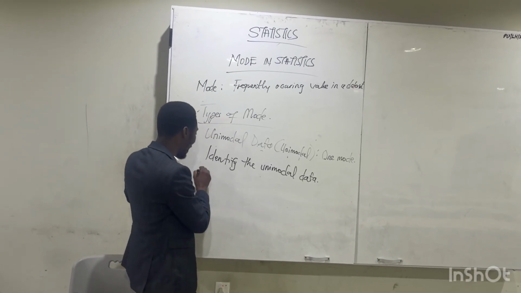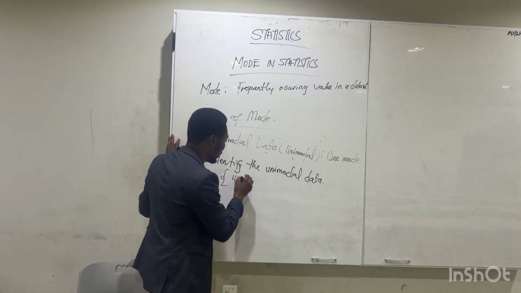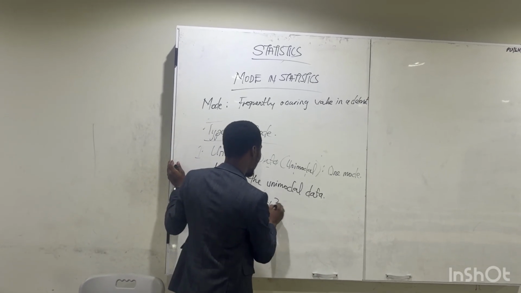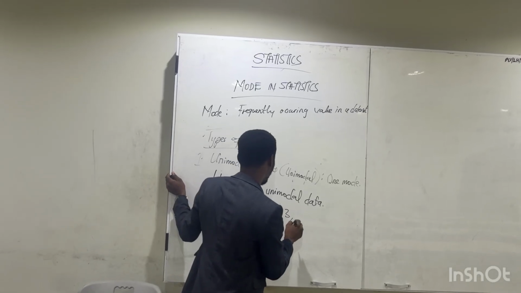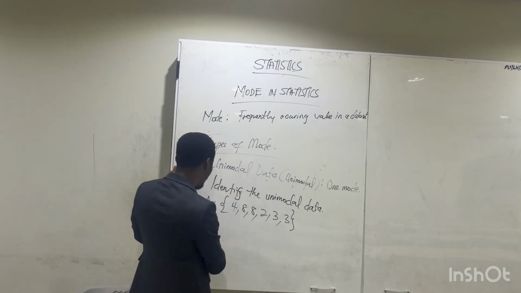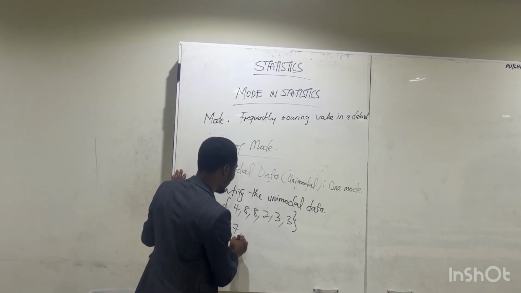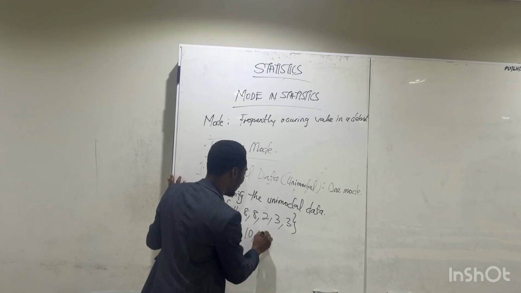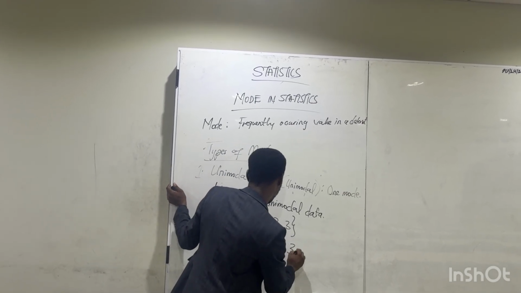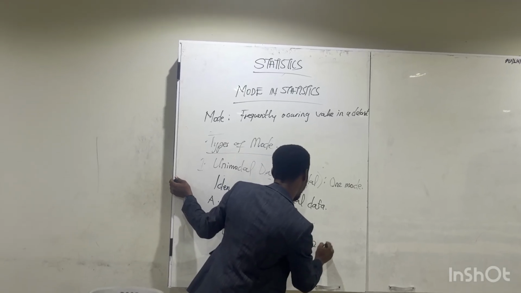So we can have A, then we give you a set of data. You can have 4, 8, 8, 2, 3, 3. Then we can have B. We can have 7, 10, 10, 7, 6, 3, 3, 2, 3.